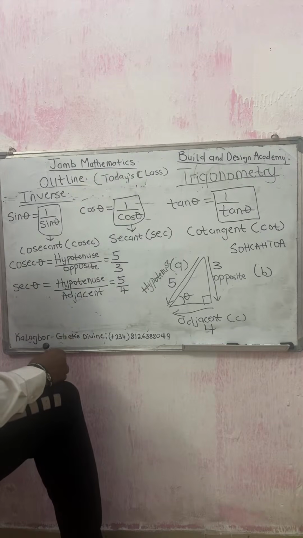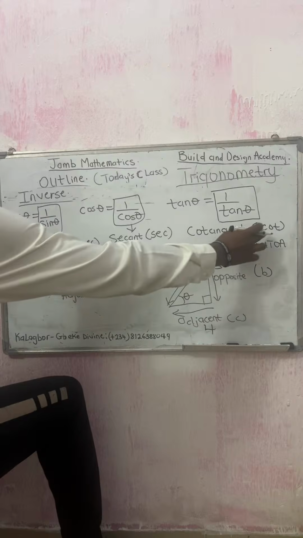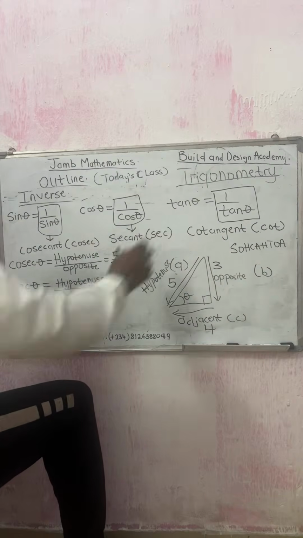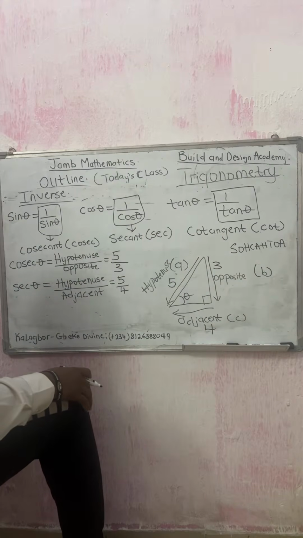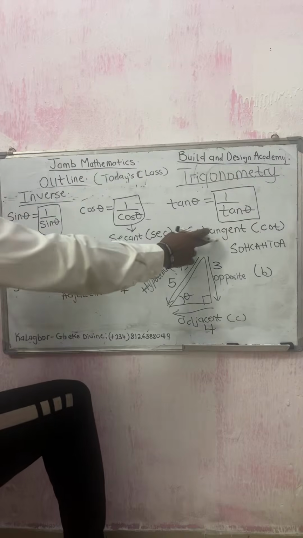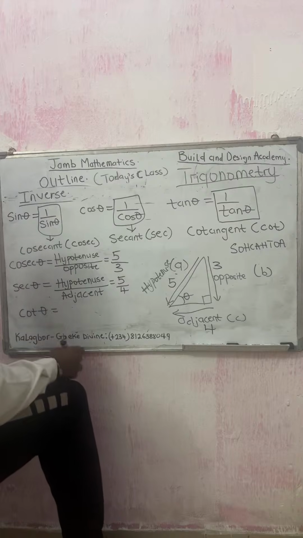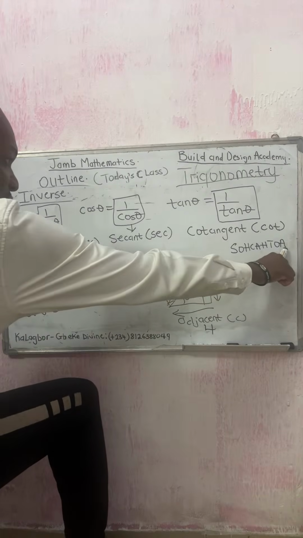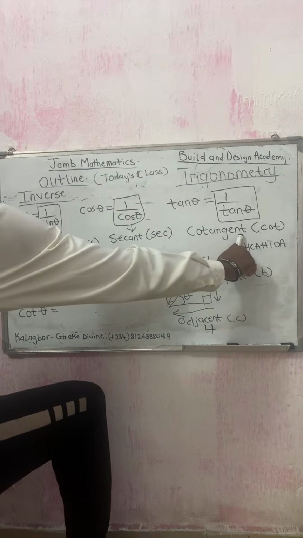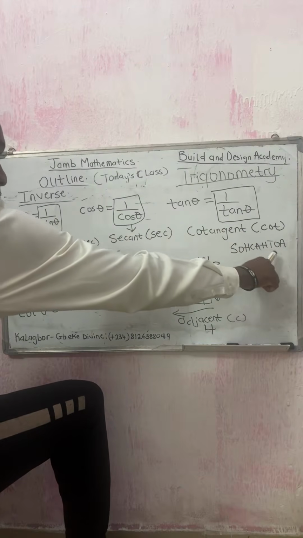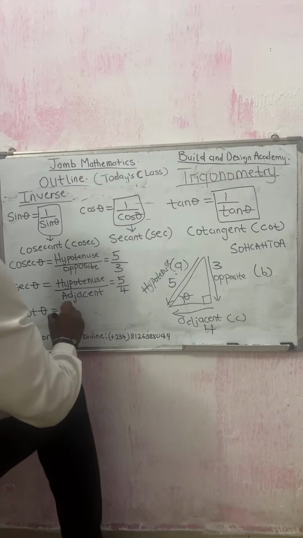Next up, let's look for cot, which is the inverse of tan theta. Cot, or cotangent. So we have our cot theta equals to, since tan theta is equals to opposite over adjacent, then cotangent, which is the inverse of tan theta, will be adjacent over opposite.